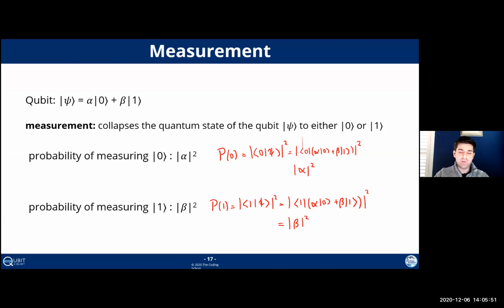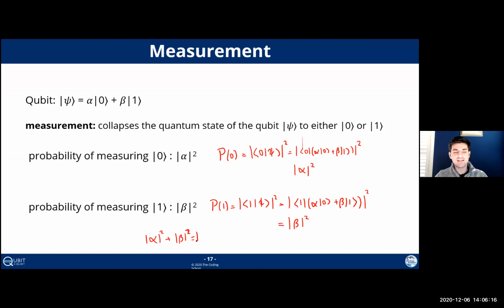Another fact from lecture 1 was that alpha squared plus beta squared needs to add up to 1. For multiple reasons: first of all, if you only have 2 options, either 0 or 1, the probability of measuring the first one and the probability of getting the second one need to add up to 100%, or 1.